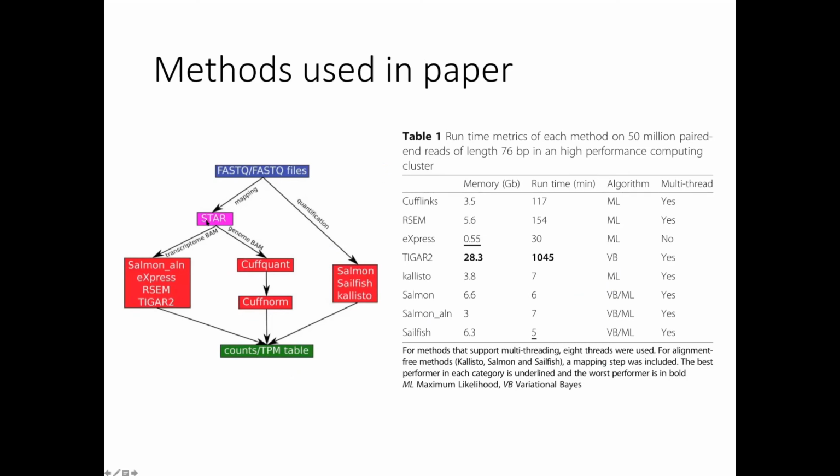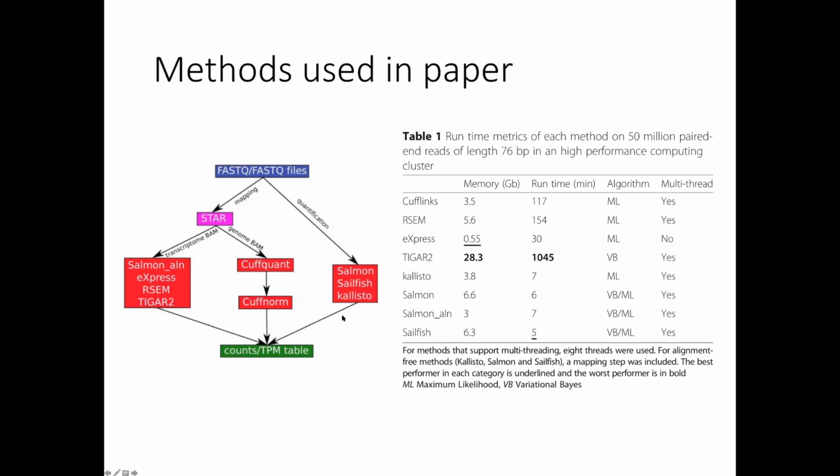They used STAR as the mapper, and either they map to the genome and then used Cufflinks to get the counts per transcript, or they mapped to the transcriptome, just the transcriptome sequences, and then they have done all these different methods, or they've done pseudo counts by using these 3 different methods.